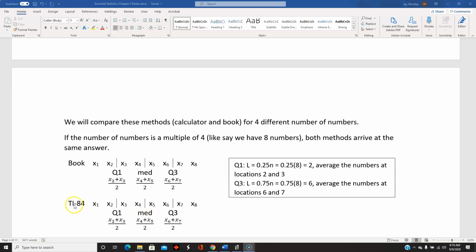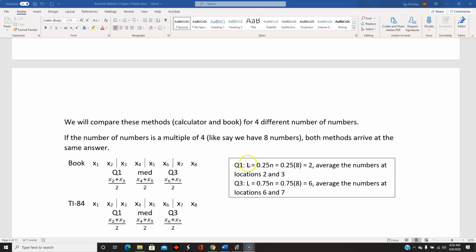So the TI-84 procedure I told you was find the number in the middle, which is in between the 4th number and the 5th number, x subscript 4 and x subscript 5. And then you have 4 numbers on the bottom and 4 numbers on the top. The center of those 4 numbers on the bottom is here. The center of those 4 numbers on the top is here. Again, add 2 numbers together and divide by 2.